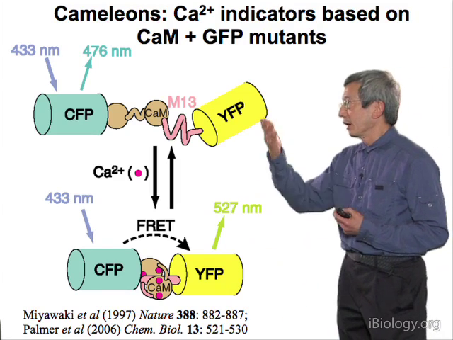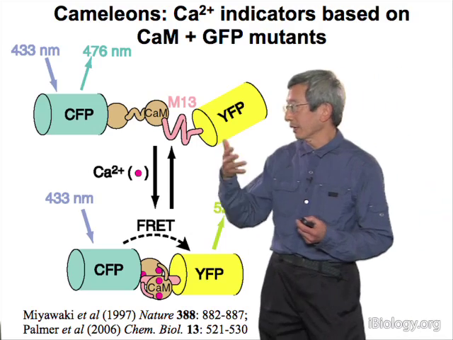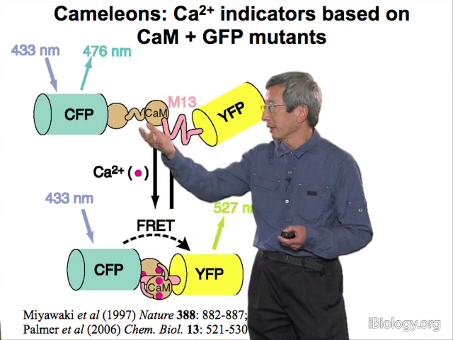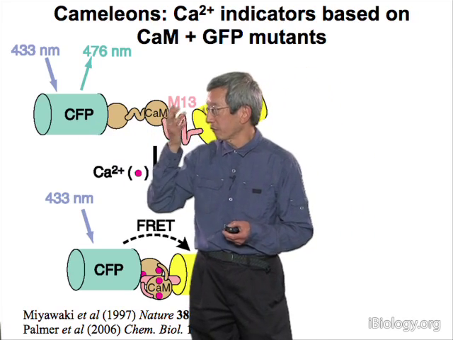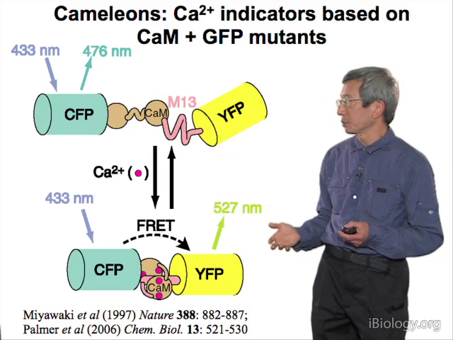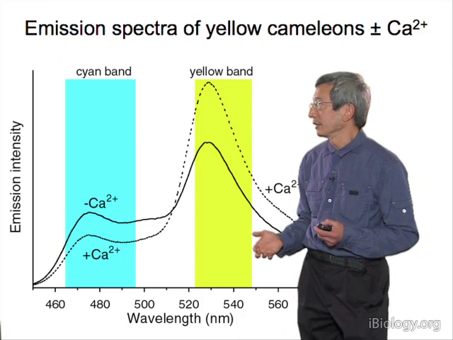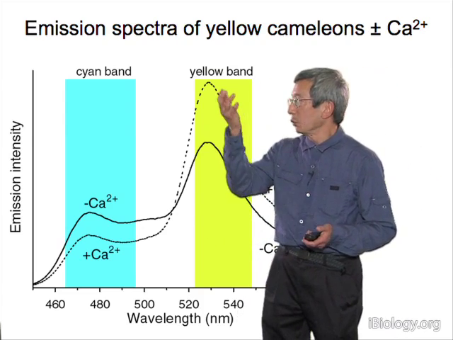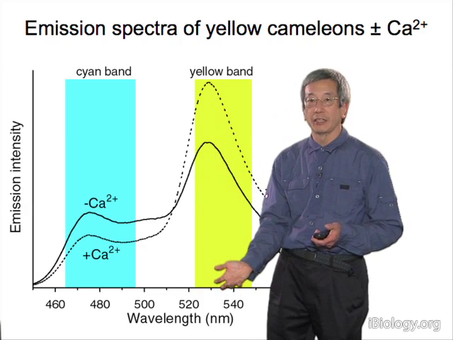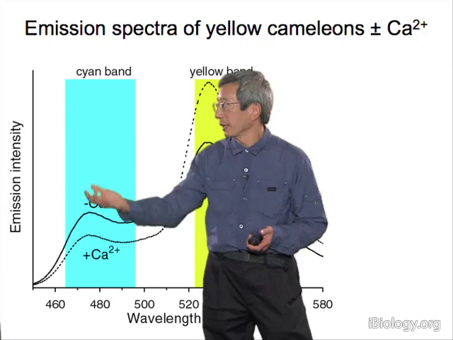So here again are the chameleons, which is a blow-up showing again the mechanism by which calcium can control the FRET between a cyan and yellow fluorescent protein in a reversible way. And just to show you a little more about the technical detail, we monitor the emission in the yellow band from the YFP as well as the cyan band.